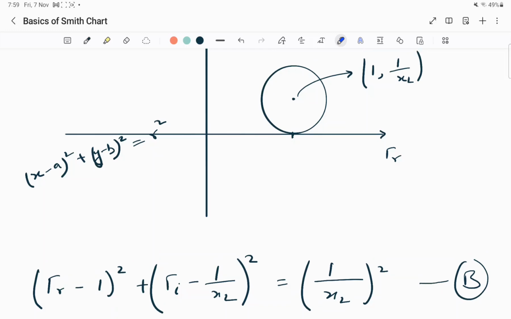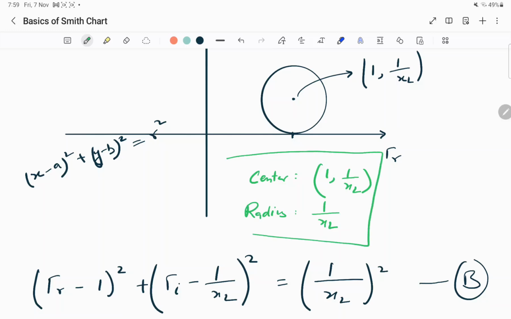So all reactance circles will have a center at 1 comma 1 over XL. So the important point to note is that the center of the reactance circle is 1 comma 1 over XL and the radius is 1 over XL. Okay, these two are very important.